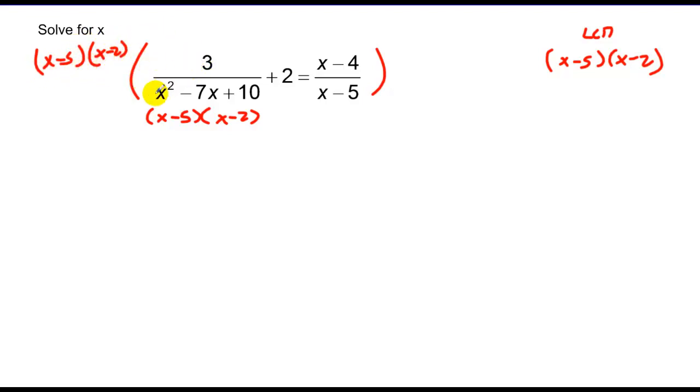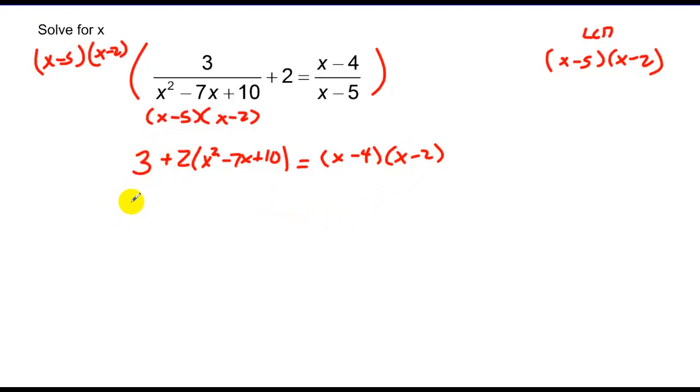So in multiplying to the first term, both go. I'm left with 3. Second term, nothing goes. So in this case I'll just, since I'm going to have to FOIL this out anyways, I know it's just x squared minus 7x plus 10. And then in the last term, my x minus 5's reduce, and I have (x minus 4) and (x minus 2).